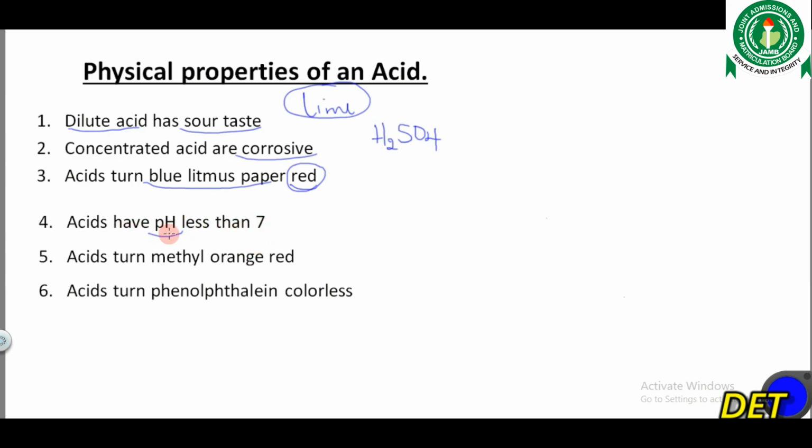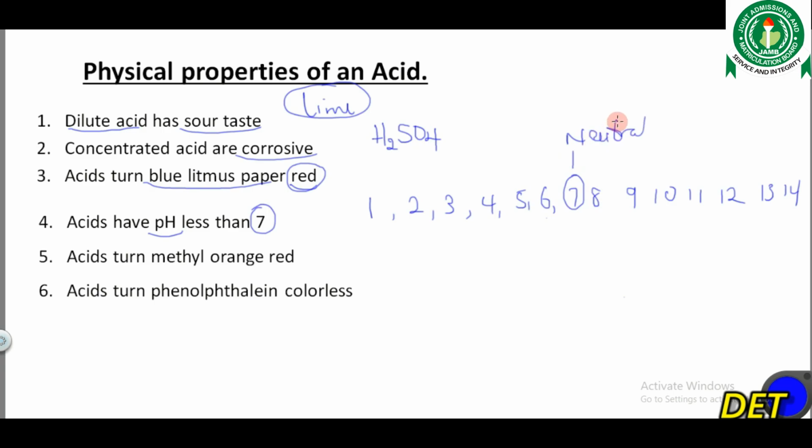The pH scale is usually from 1, 2, 3, up to 14, right? 7 is neutral.